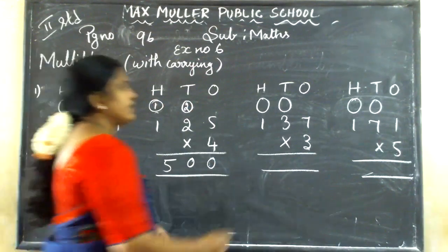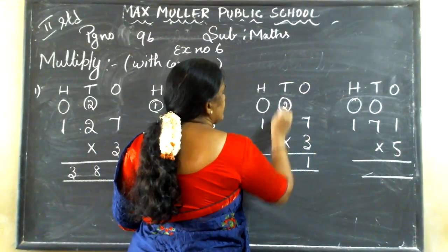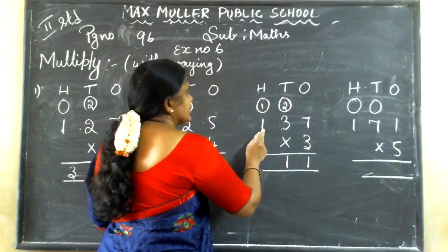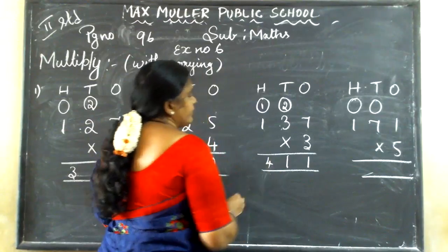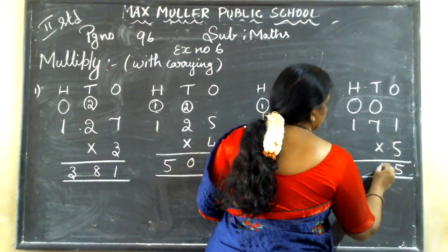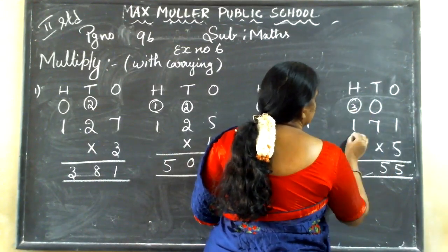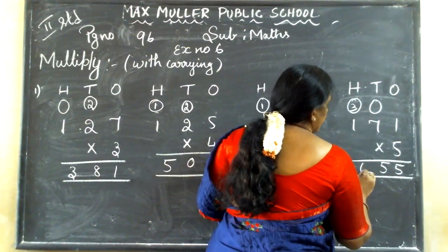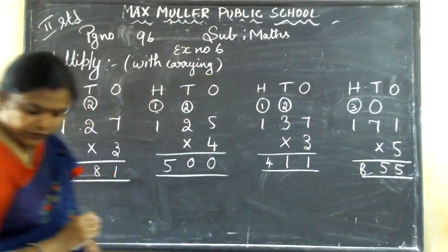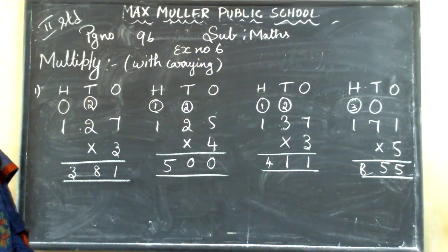Now next, 3 sevens are 21. 1, 2 carry. 3 threes are 9, 9 plus 2, 11. 1 you write, 1 you carry to hundreds column. 3 ones are 3, 3 plus 1, 4. 411. 5 ones are 5, 5 sevens are 35. 35, 5 you write here, 3 carry. 5 ones are 5, 5 plus 3, 8. 855.